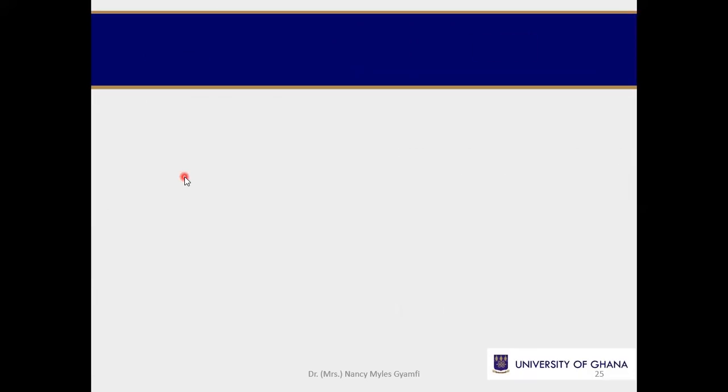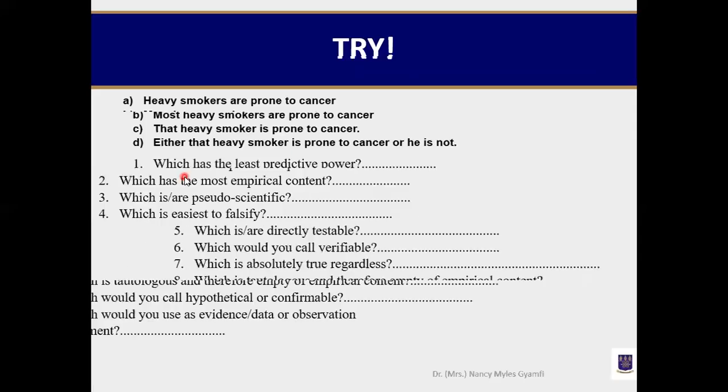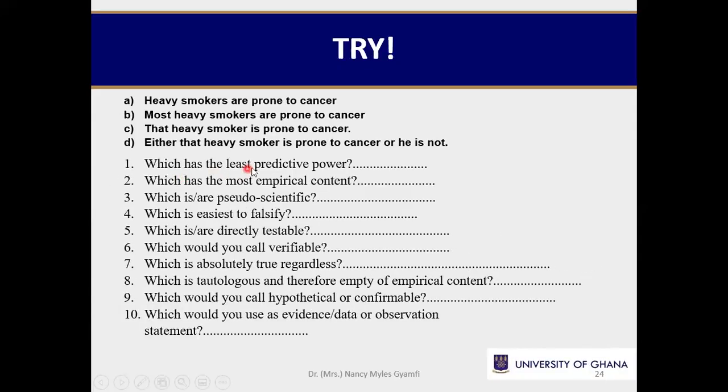So if I had asked you which of the following has the least predictive power, you would know which one to choose. Which has the most empirical content, you would know that you should be looking at the reference class: A. Which is or are pseudoscientific, we already saw that. The textbook sometimes would even include verifiable statements.